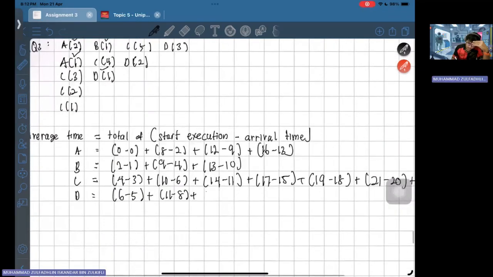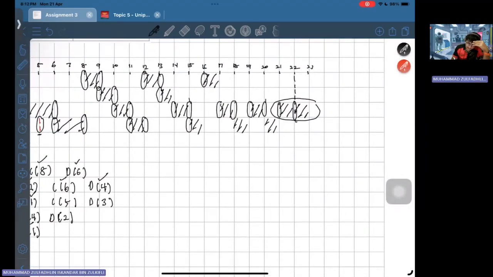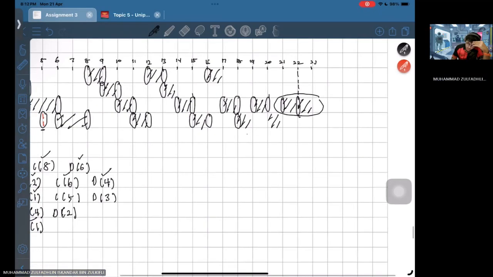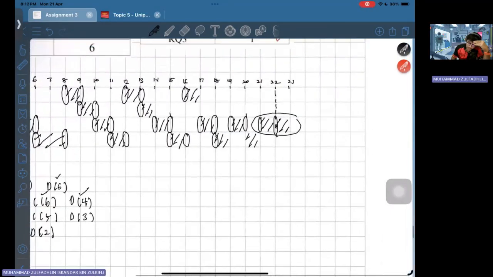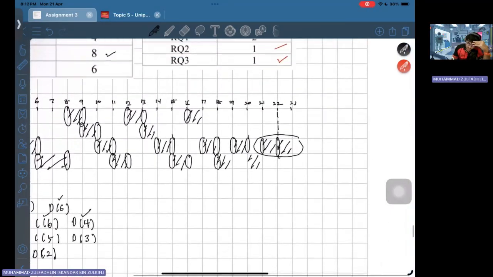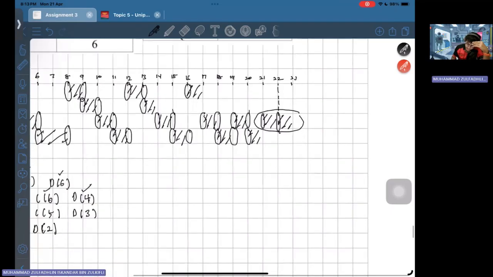So 15 minus 12. So plus the next execution of D starts at T equal to 18, and it arrived at T equal to 16. So 18 minus 16. And then the last execution of D starts at T equal to 20, and it arrived at 19. So 20 minus 19.